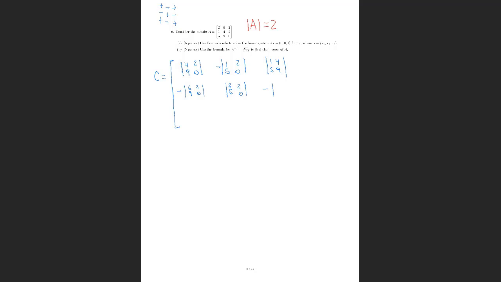Next one has a minus in front, and that'll be 2, 6, 5, 9. Next one, cross out column, row, so 6, 2, 4, 2. Next one will have a minus in front. We'll have 2, 1, 2, 2. And then finally, we'll have 2, 6, 1, 4.